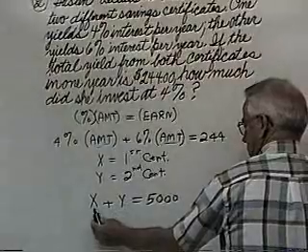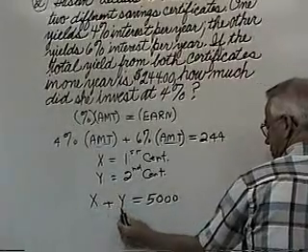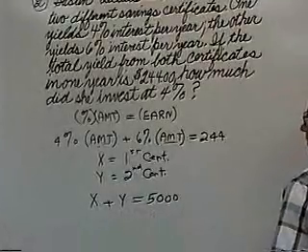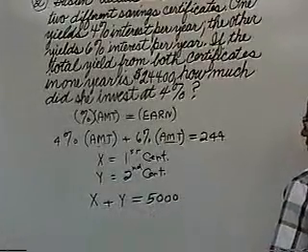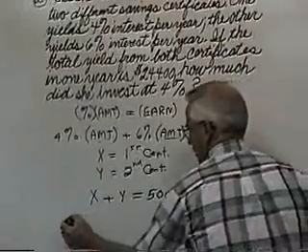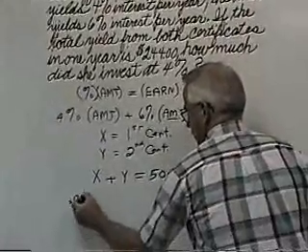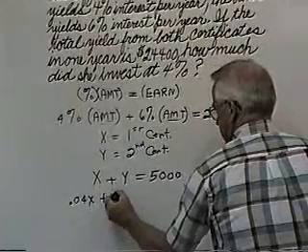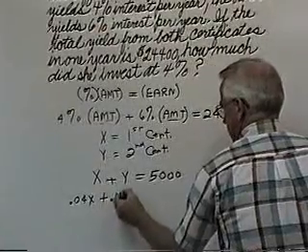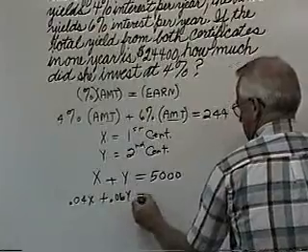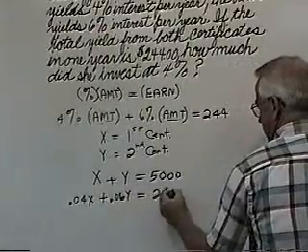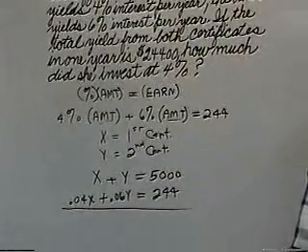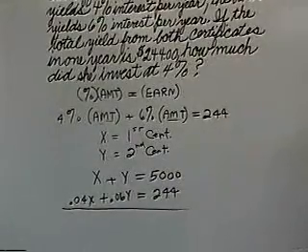This amount of money in one certificate plus this in the other certificate is equal to $5,000. Now we use our percent amount equation. So we're going to take 4% of X and add 6% of Y, and that's going to give us $244. And there's your 2 equations.